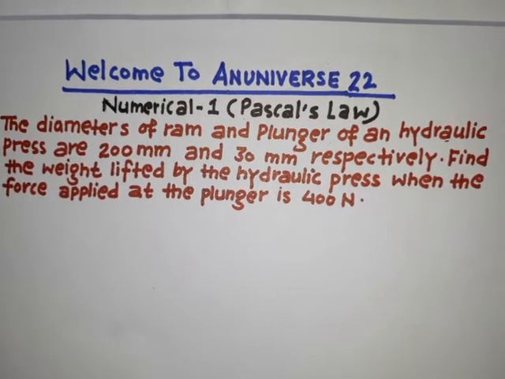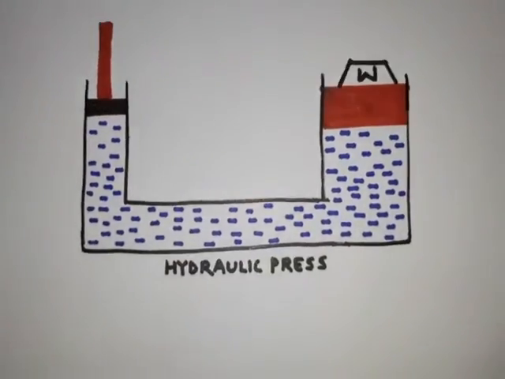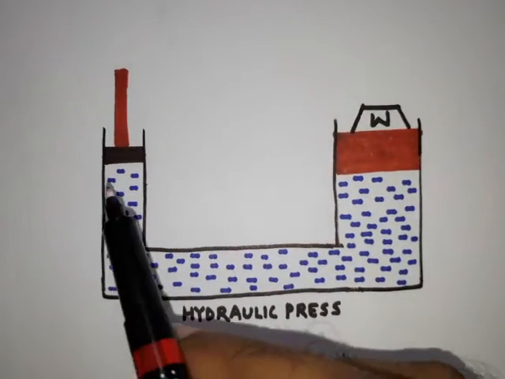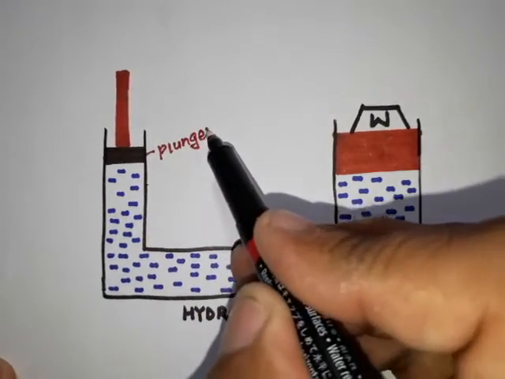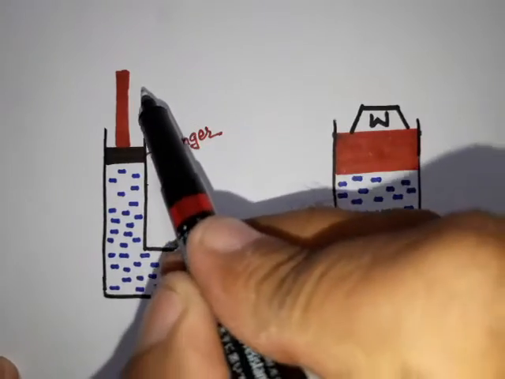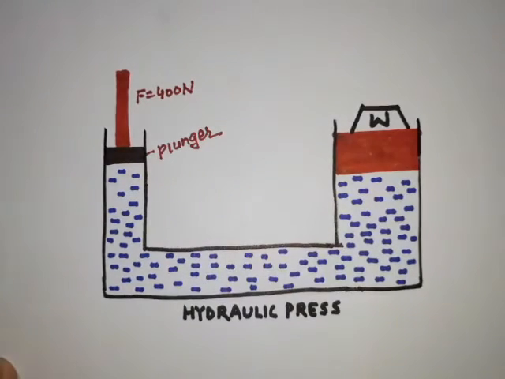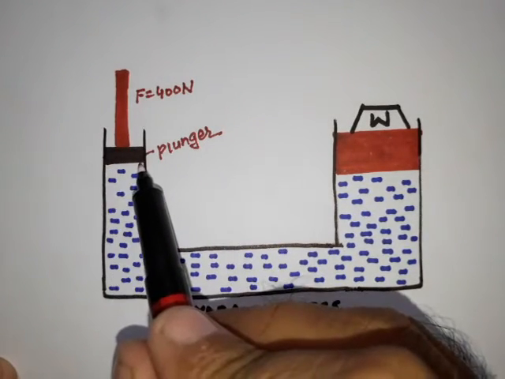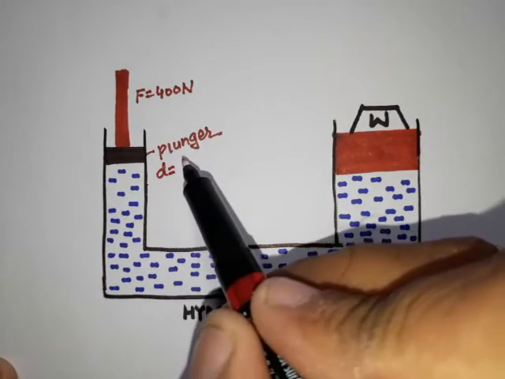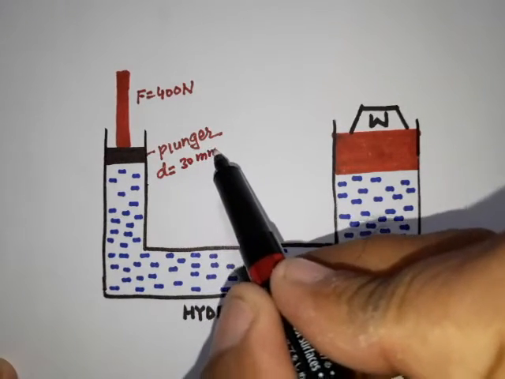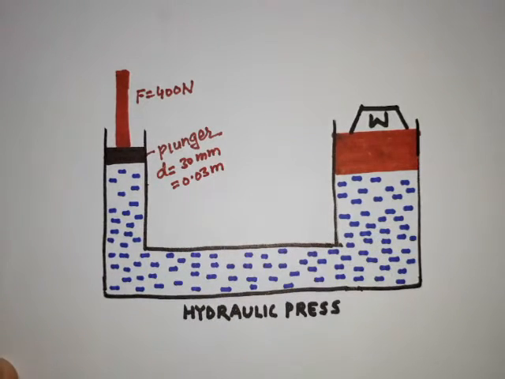Firstly, we try to plot a diagram on the basis of the given statement. This is the diagram as we can see, and this is the plunger, and here the force on the plunger that is given, that is 400 Newton, and the diameter of plunger, that is the smaller diameter, small d, equal to 30 mm, so it becomes 0.03 meter.